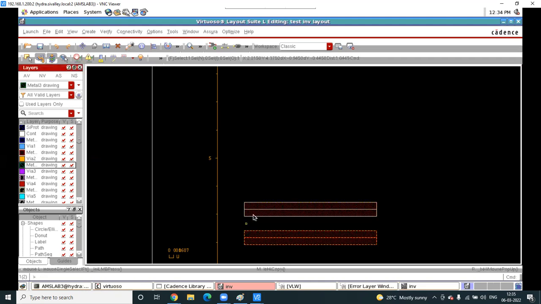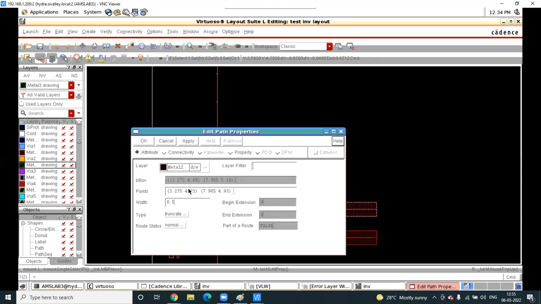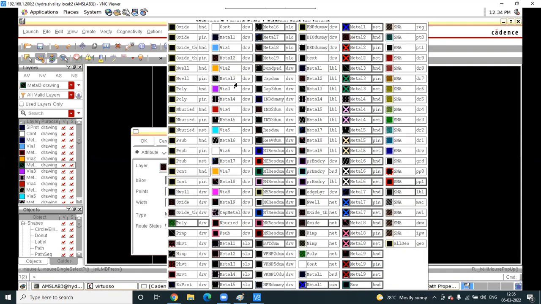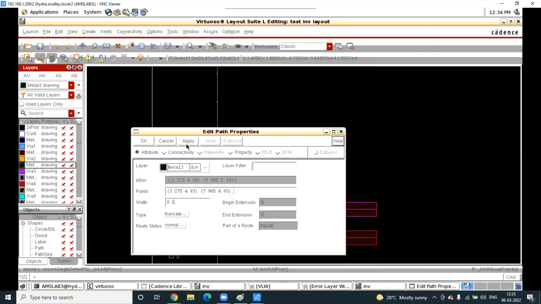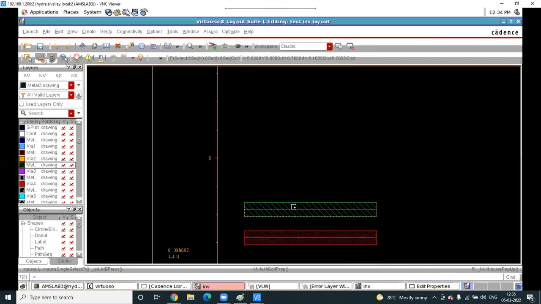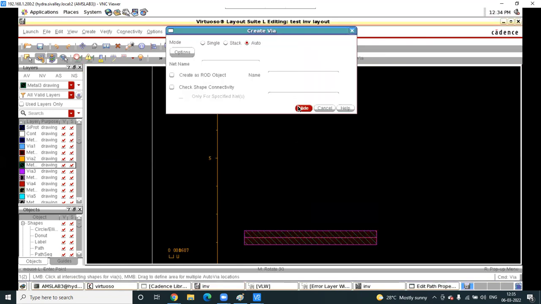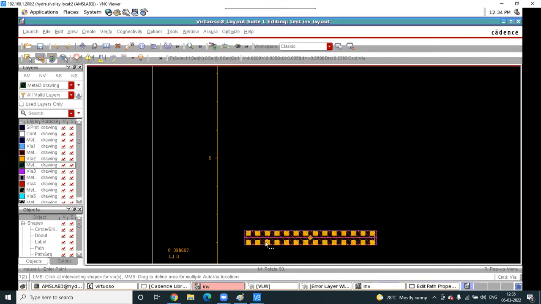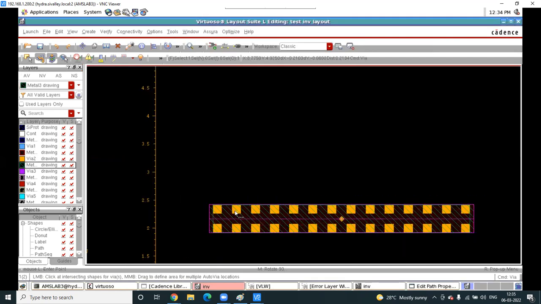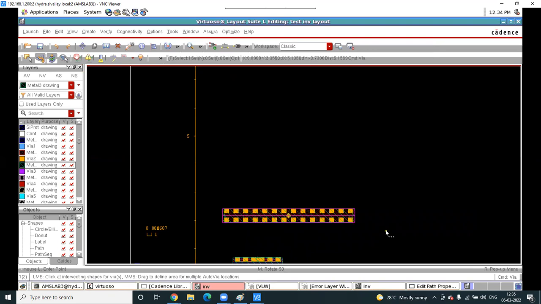You draw M3, same width it will be. If you use auto here, this one is a metal stack over M1 and M2, two metals are there. So this is the stack.